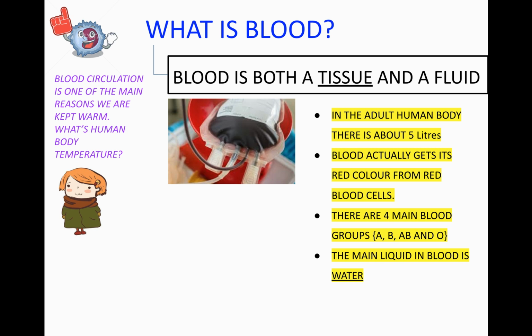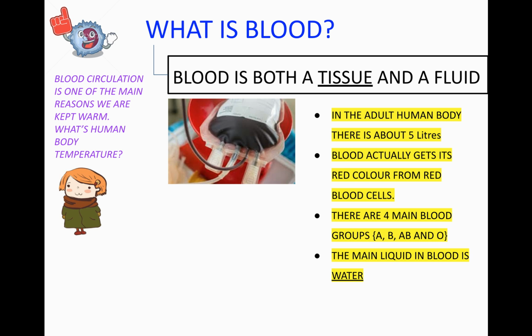A good exercise for you to do in a moment is to fill up a jug with 1 liter, pour it into a container, and repeat the process 4 more times, just to get an idea of how much actual blood is in the human body. 5 liters, and you actually see it in front of you. Sometimes I look at it and think it's actually quite small.